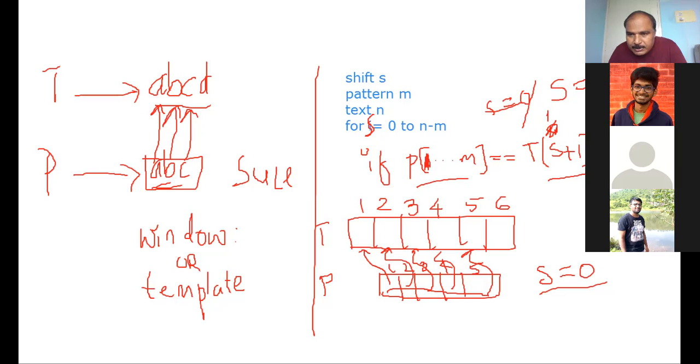So t of 1 plus 1 means you are comparing the second character of the text with the first character of the pattern. Then the second character of the pattern is compared with the third, and the third character of the pattern is compared with t of 4. Then p of 4 is compared with t of 5, and p of 5 is compared to t of 6.